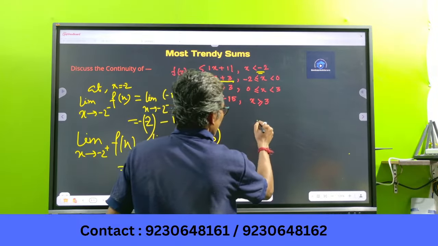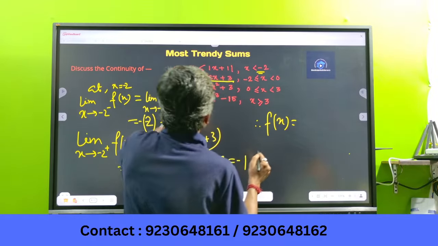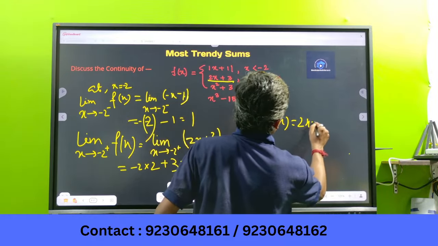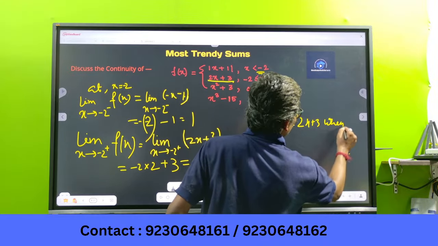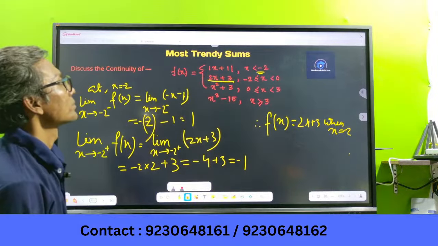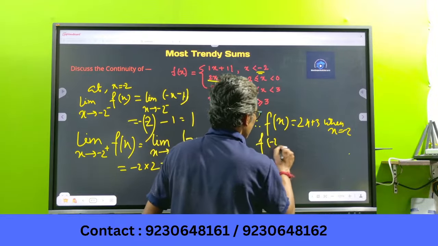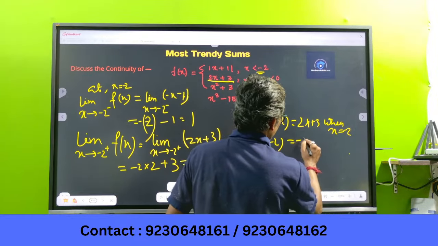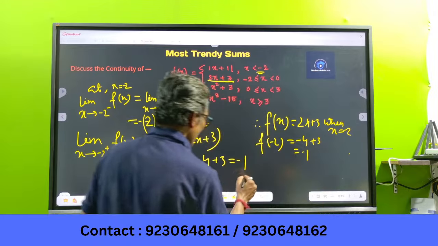So f of x is equal to 2x plus 3 when x is equal to -2. So f of -2 is equal to -4 plus 3 is equal to -1.